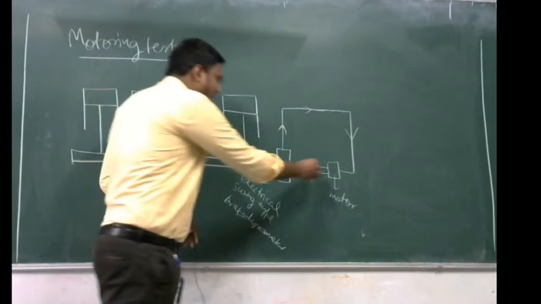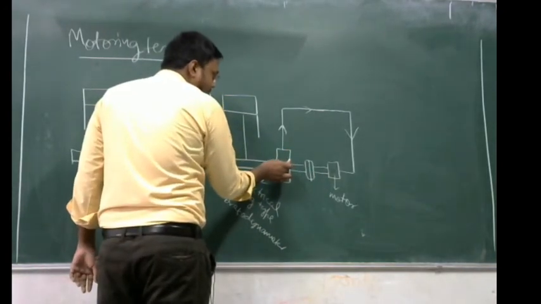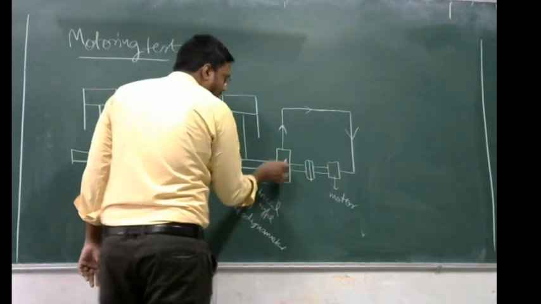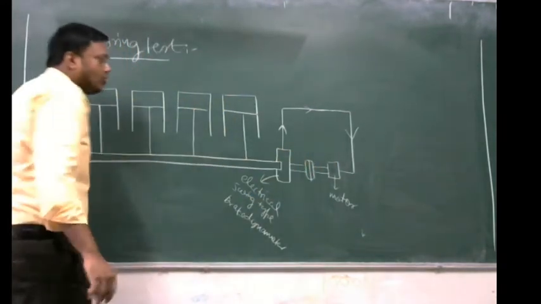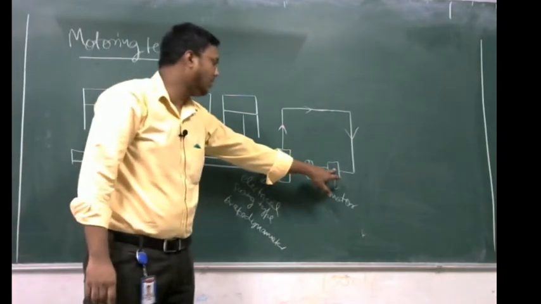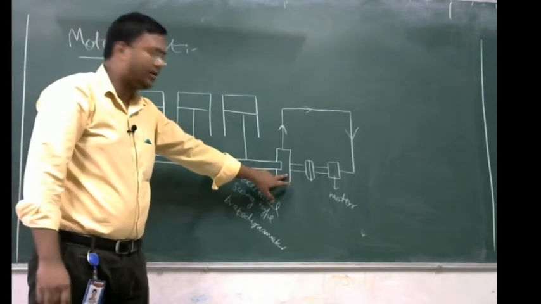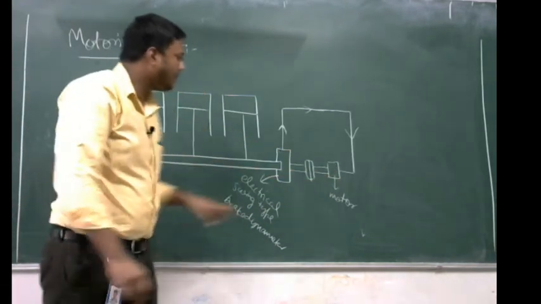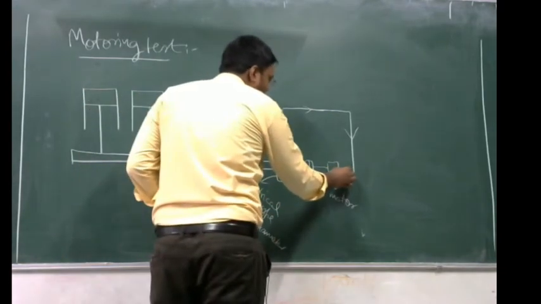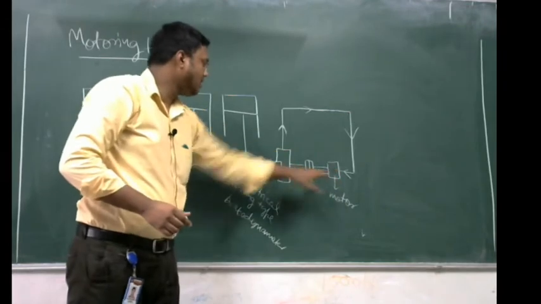The brake dynamometer is coupled with this motor, and this crankshaft is also coupled with this motor. So when this motor is in running condition, it also runs the crankshaft through the brake dynamometer. As the motor gets input electrical energy, it supplies this energy to the crankshaft.